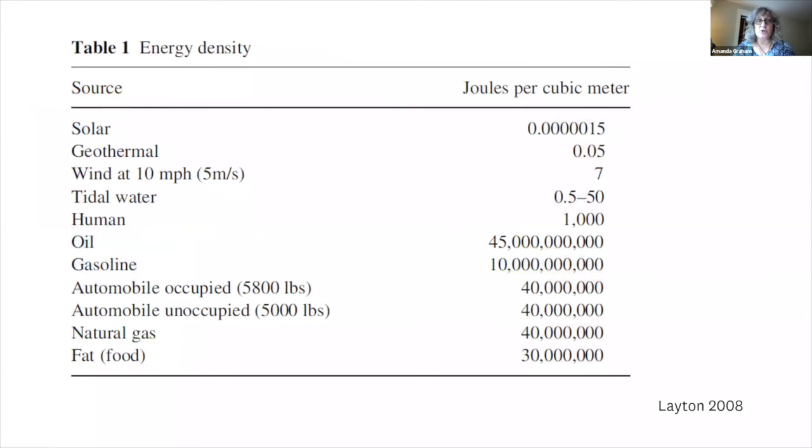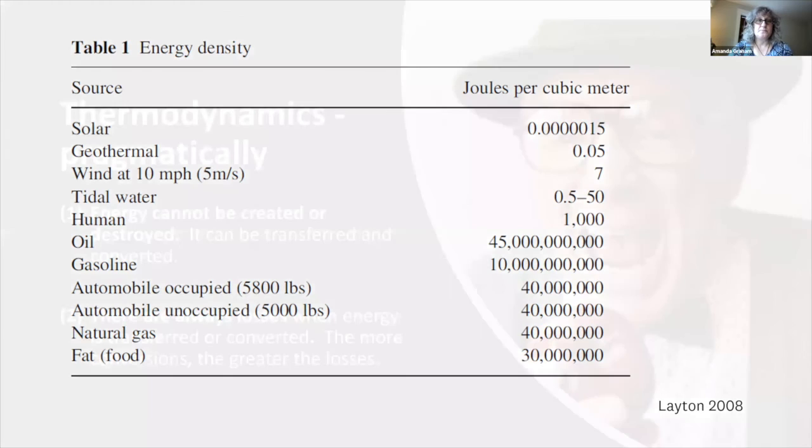And here's just a chart indicating the relative energy density of this variety of energy sources, where you see that between solar energy and natural gas, there's a tremendous difference of many orders of magnitude in just how much energy you get out of a certain spatial allotment for that source.